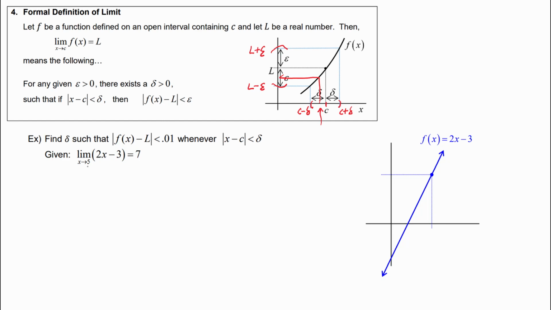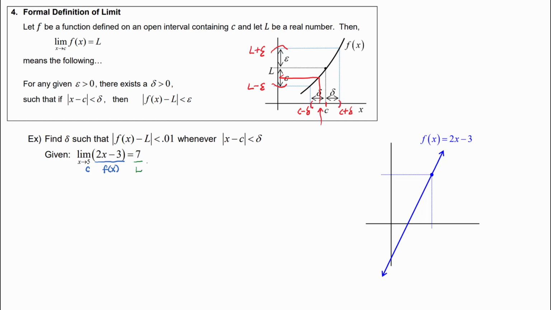So here, x is approaching 5, so c is 5. My function f of x is right here, 2x minus 3, and my limit is 7.